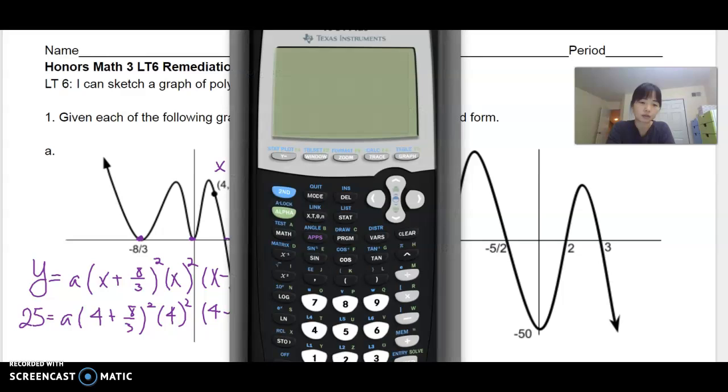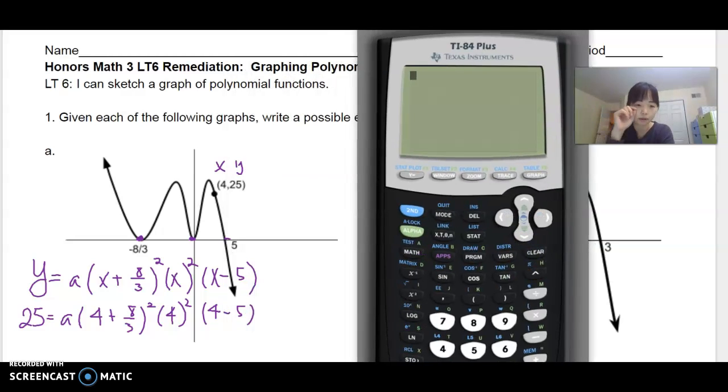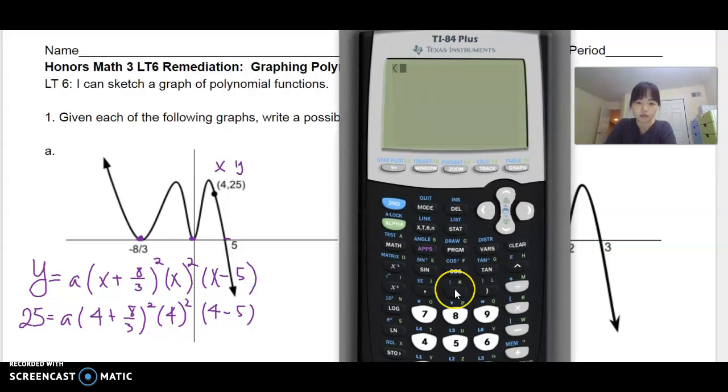Now open your calculator. We're going to enter that part: 4 plus 8 over 3, squared, times 4 squared, times 4 minus 5.